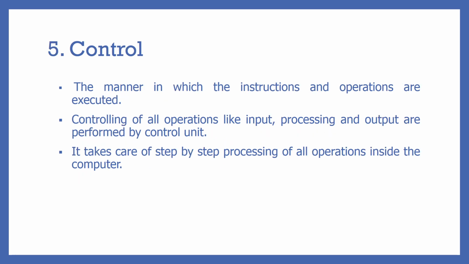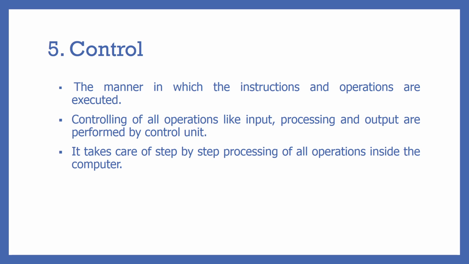The last function is control. It is the way instructions and operations are executed. It controls and monitors all of the instructions and operations carried out on the computer, controlling operations like where to input, how to process, and where to display the data, as performed by the control unit.